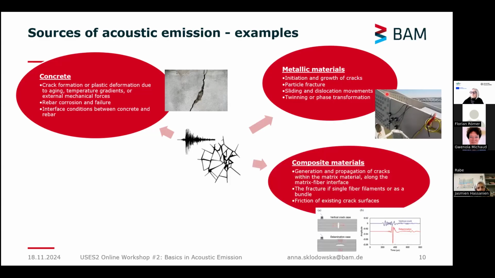Another group of materials are composite materials, and for composite materials, fracture may refer to the generation and propagation of cracks within the matrix material, along the matrix-fiber interface, or due to the fracture of a single fiber or a bundle. Another highly relevant source of acoustic emission found in fiber reinforced polymers is the friction of existing crack surfaces. And this often occurs during loading and reloading of damaged composites.